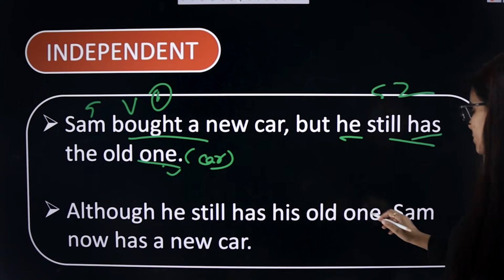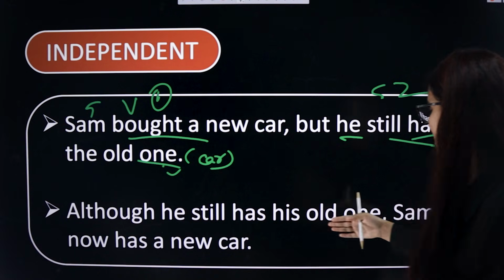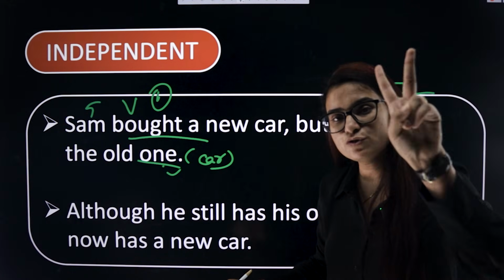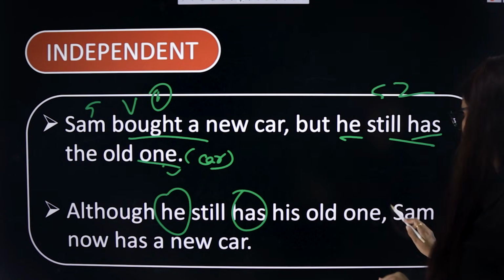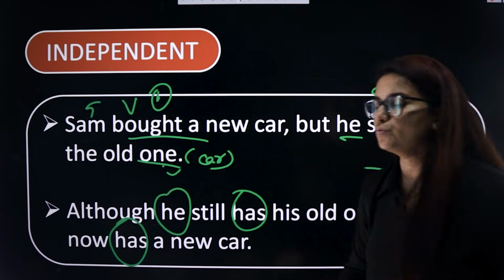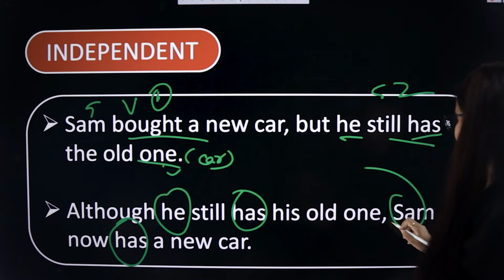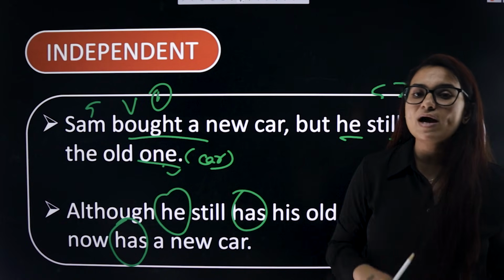Although he still has his old one, Sam now has a new car. In this, we have two clauses. He has, clause 1. Sam has, clause 2. But only one clause is independent, the second one. The first one is dependent. The second one is independent.